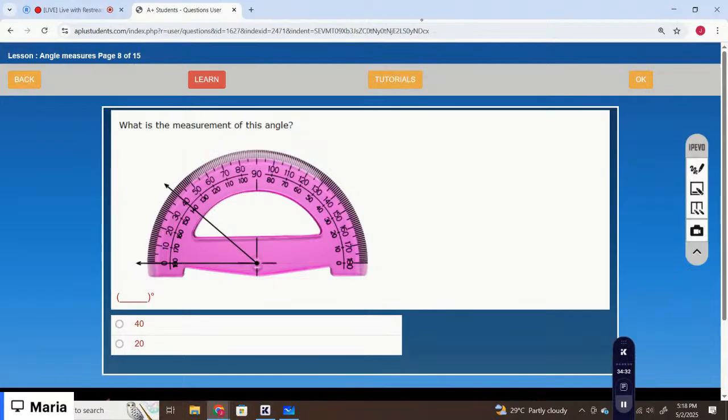That is 40 degrees. Option number 1 is the correct option. The correct option is 40 degrees.